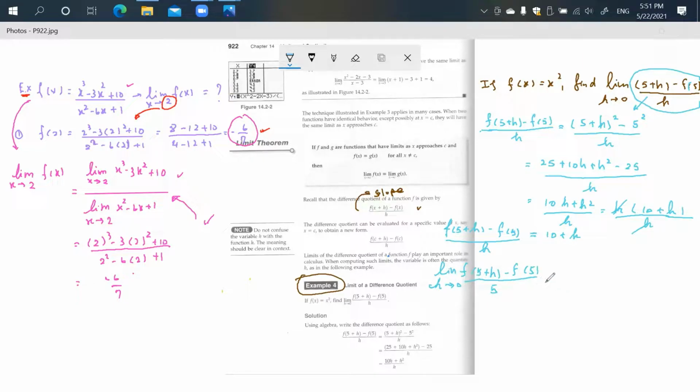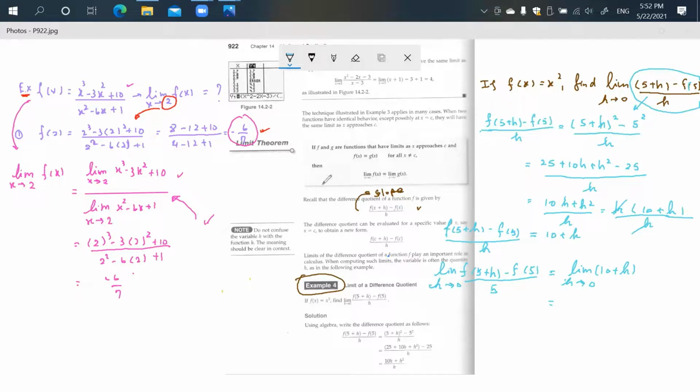Okay, and on this side you can take the limit of 10 plus h when h approaches 0. Okay.